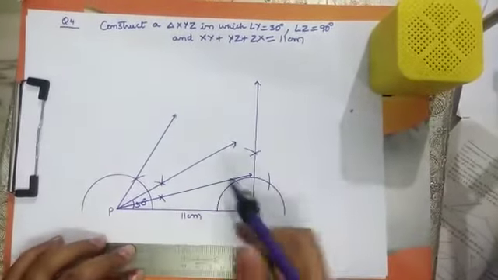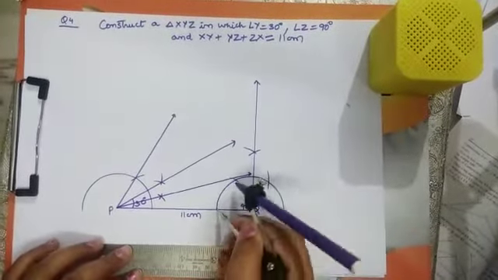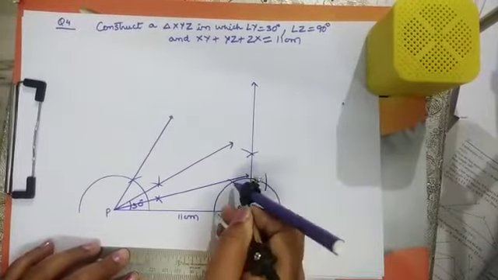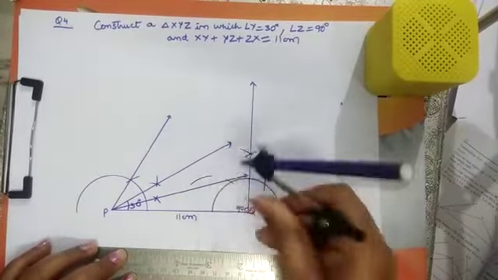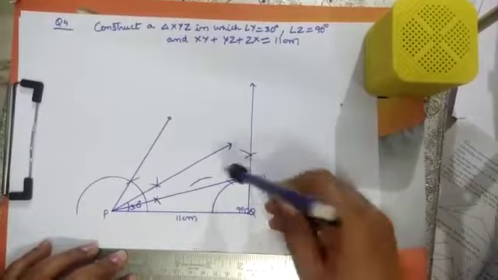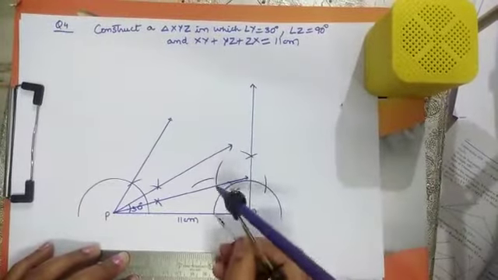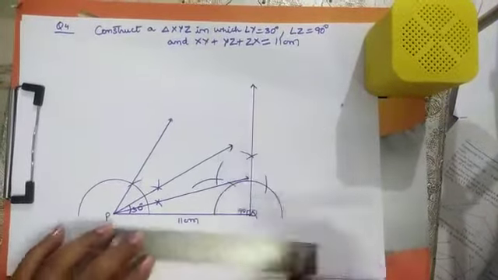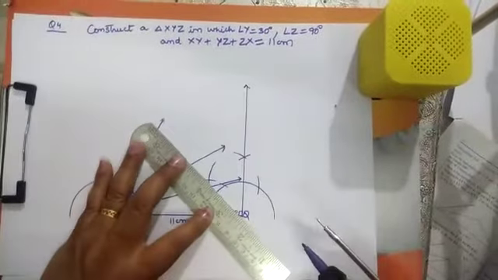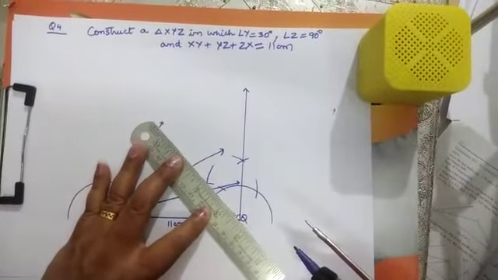And bisect this 90 degrees also. So take more than half, cut this arc, so this becomes your 45 degrees.